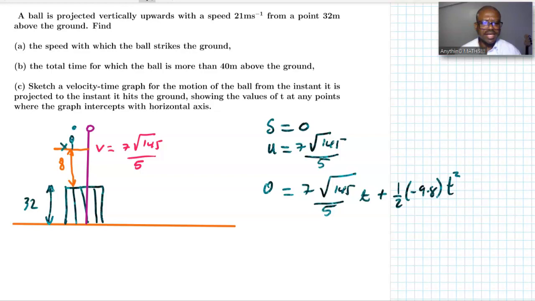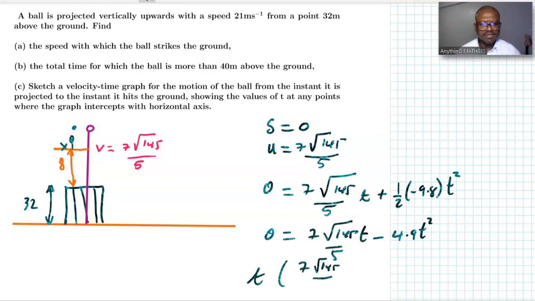And what are we going to get? 0 should be equal to 7 root 145 over 5 t minus 4.9 t squared, and we can factorize the t out, so we get t into bracket 7 root 145 over 5 minus 4.9 t should be equal to 0.